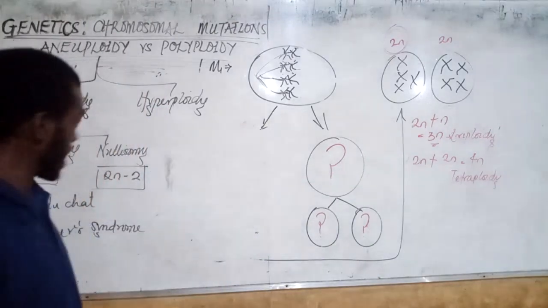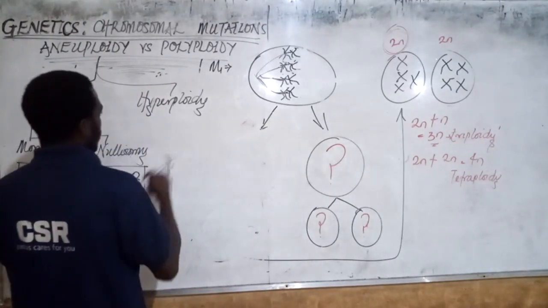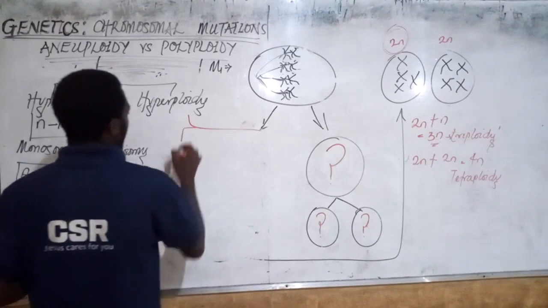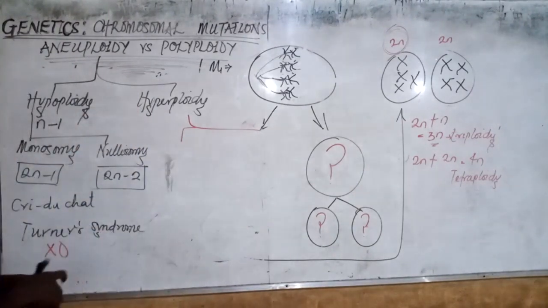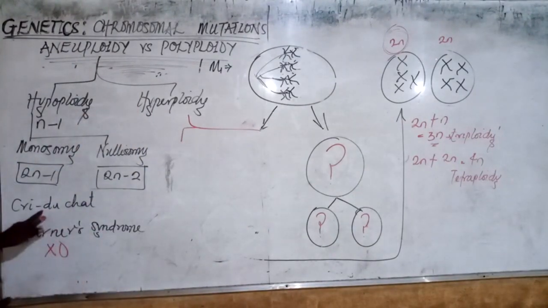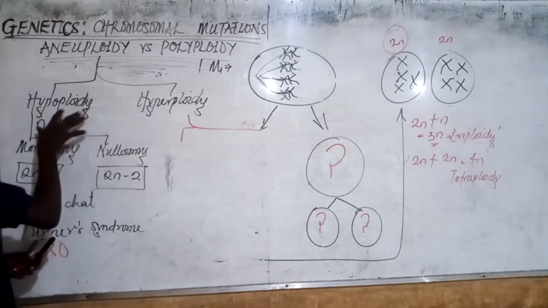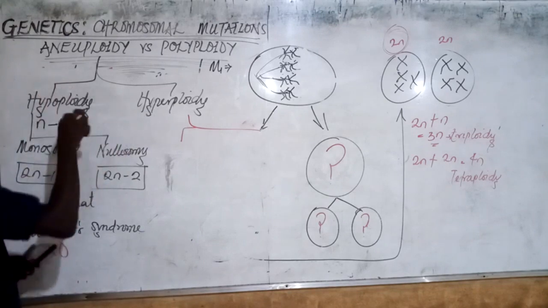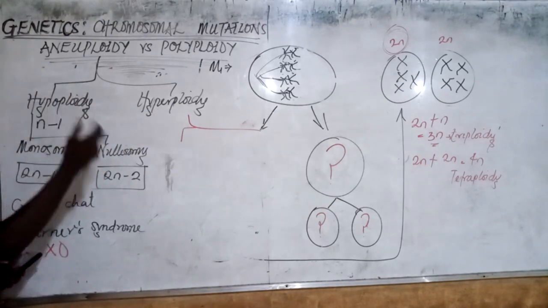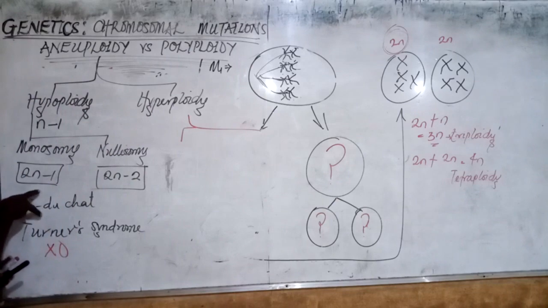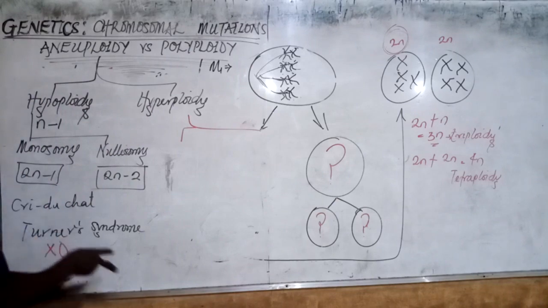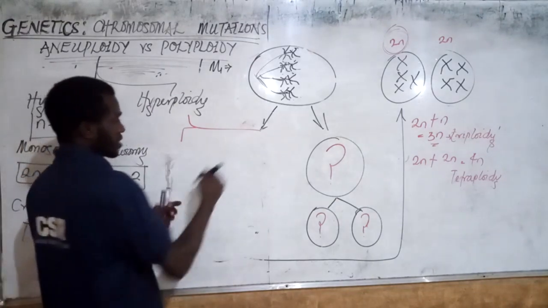So there are examples, of course. We can classify hypoploidy and hyperploidy into two as well: the one that is autosomal and the one that is allosomal. This one is autosomal, while this one is allosomal, meaning it is dealing with the sex chromosome.